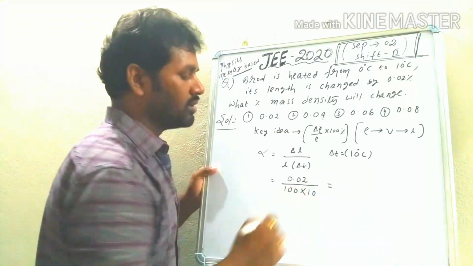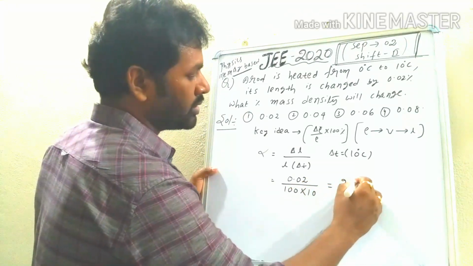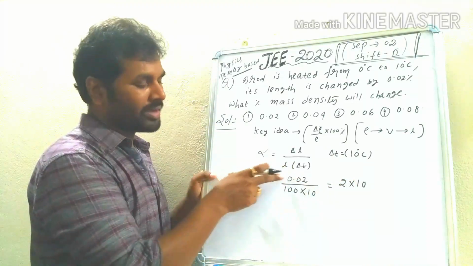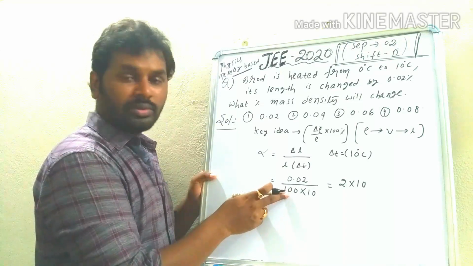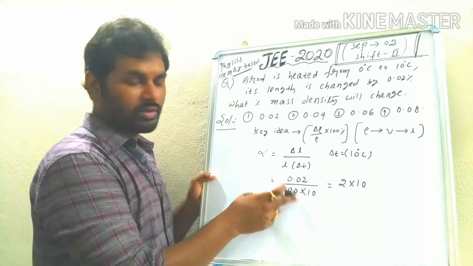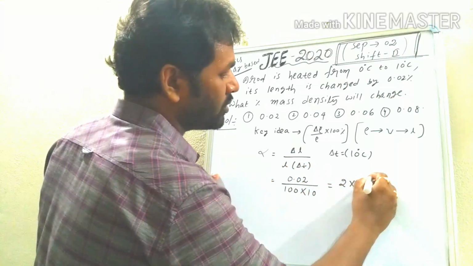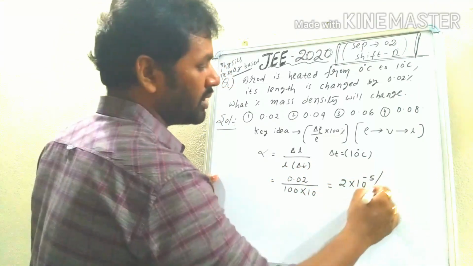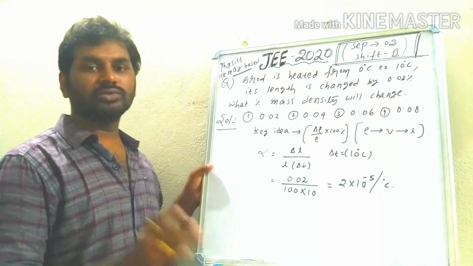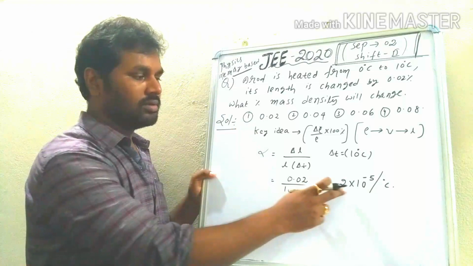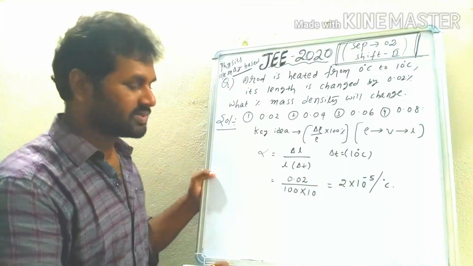If you solve this, you will get 2 into 10 to the power of minus 2 on the top, and in the denominator 10 to the power of 3. If it goes up, 10 power minus 3. All together, you will get 2 into 10 power minus 5 per degree Celsius. So we got the coefficient of linear expansion of the rod is 2 into 10 power minus 5 per degree Celsius.